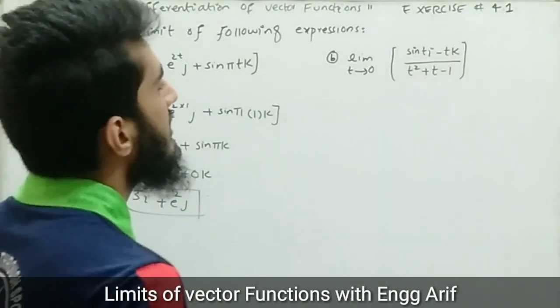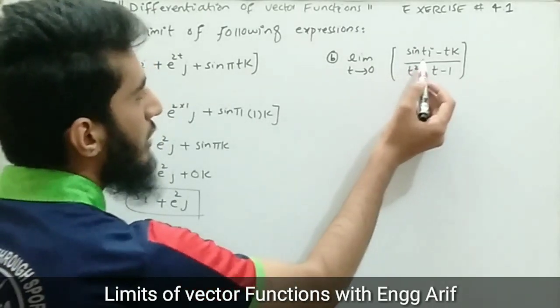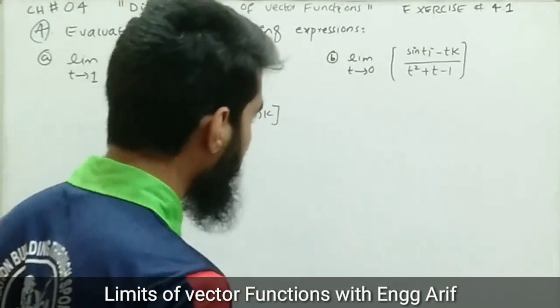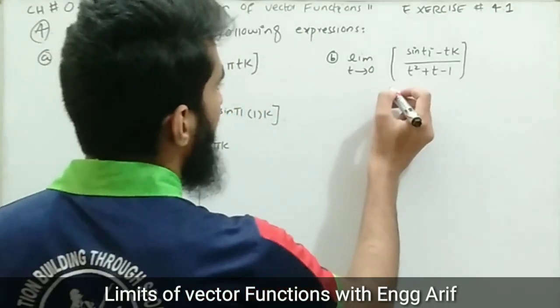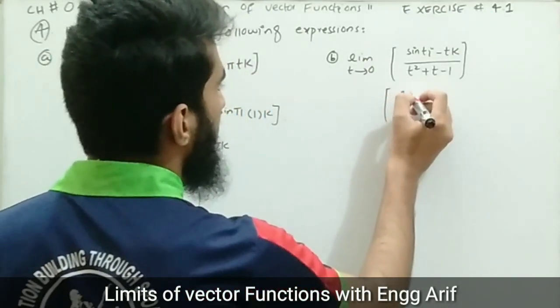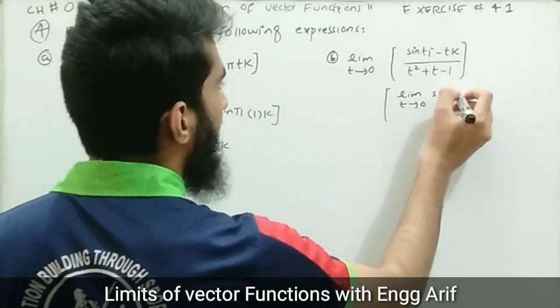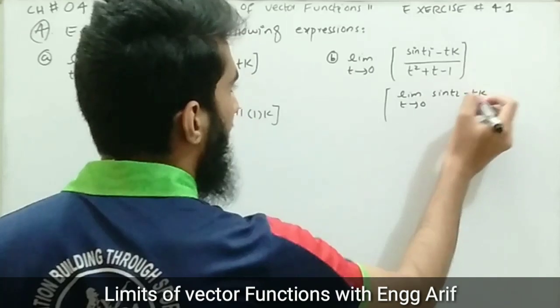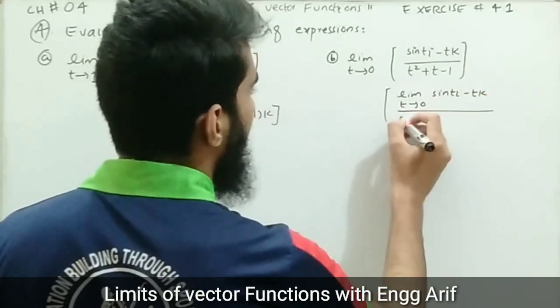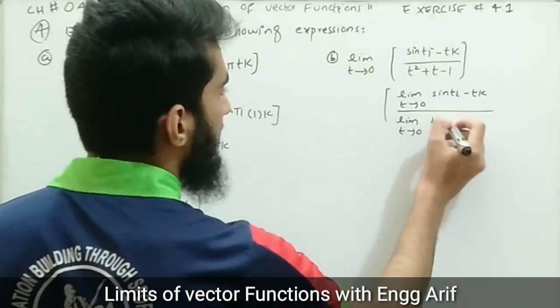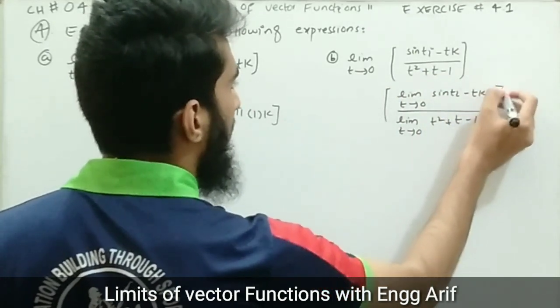It tells us: limit t approaches 0, find the value of (sine t i minus t k) over (t square plus t minus 1). So by applying the limit on the numerator, it becomes limit t approaches 0 of sine t i minus t k, and also apply the limit on the denominator, which is t square plus t minus 1.